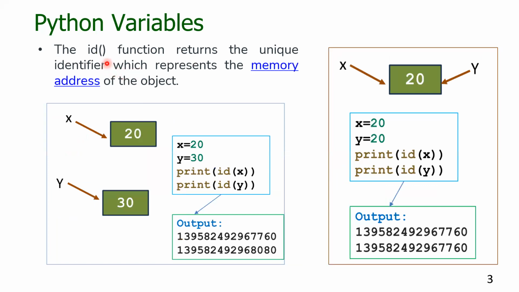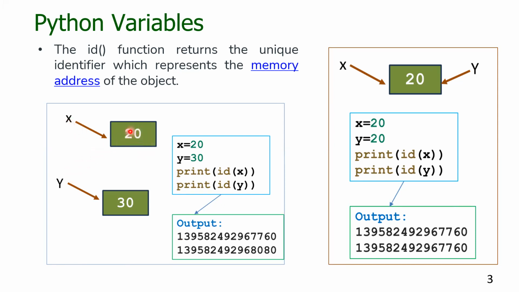So we have used the id function in the previous print statement, and the id function returns the unique identifier which represents the memory address of the object. Here you can see the diagrammatic representation of whatever is being discussed in the previous slide. When the variable values x and y are different, that is 20 and 30, two different memory locations are allocated, each for x and y.